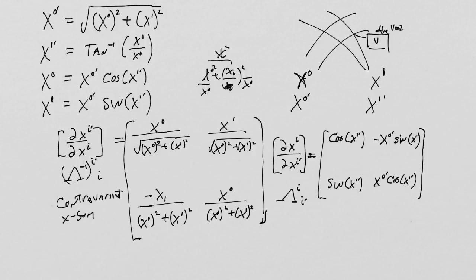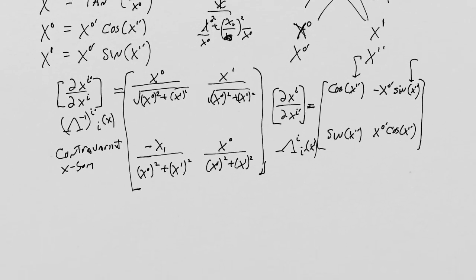This is a function of x, and this is, well, see the problem here, this is a function of x prime, so that's not good. We need everything as a function of x. So I've got to actually swap these variables out for x. That's not going to be too easy.